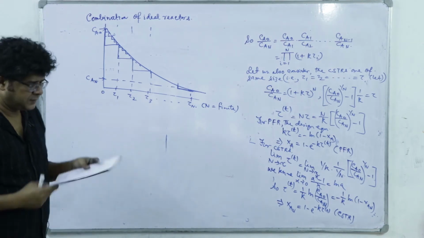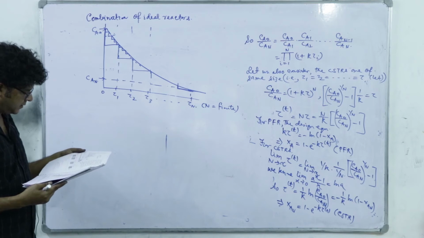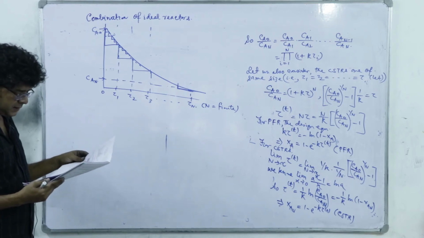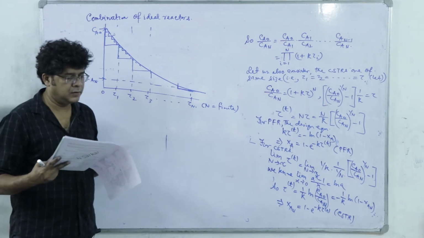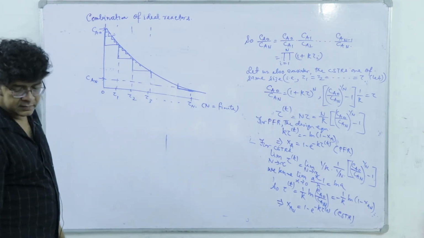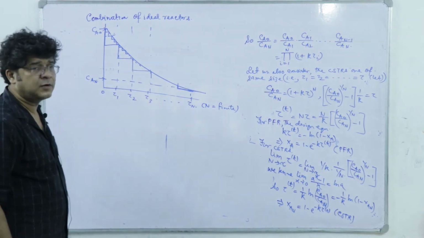So what we have proved is that an infinite number of CSTRs is going to give us the performance of a single PFR, and PFR, as you all know, has much superior performance than CSTR for a positive order reaction.